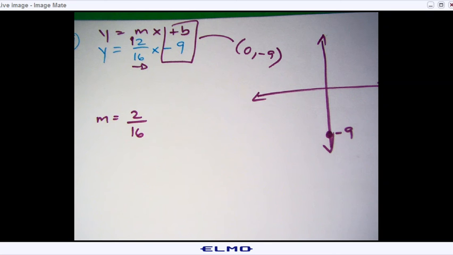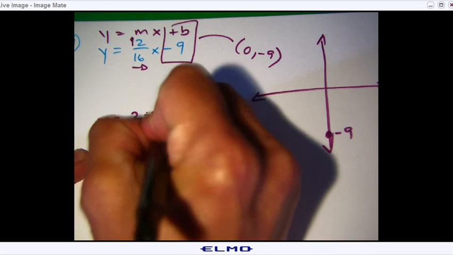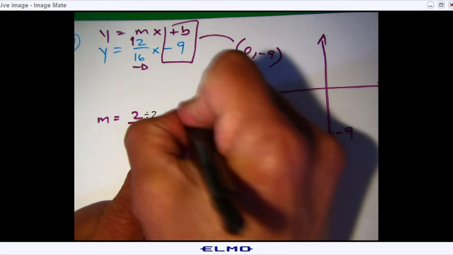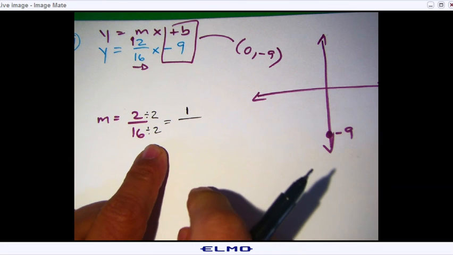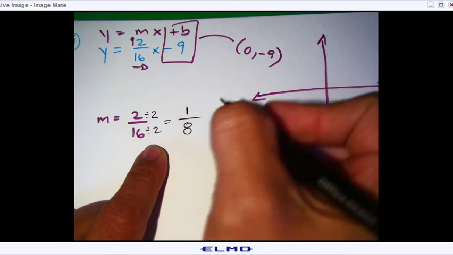Sometimes we got to divide. All right, so let's divide by what? By 2. So remember, what's 2 divided by 2? That's 1, not 2. I think I told someone that they got it wrong. So 1 over what? 1 over 8.